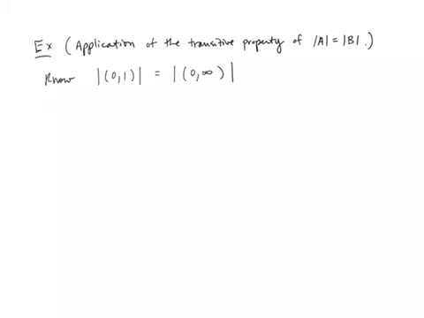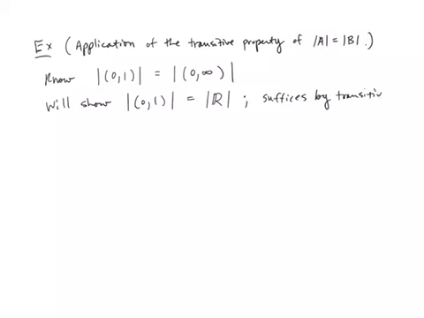And what we're going to show is that the cardinality of the interval from 0 to 1 is equal to the cardinality of all of the real numbers. And it suffices by transitivity to show that the cardinality of 0 to infinity is equal to the cardinality of R.